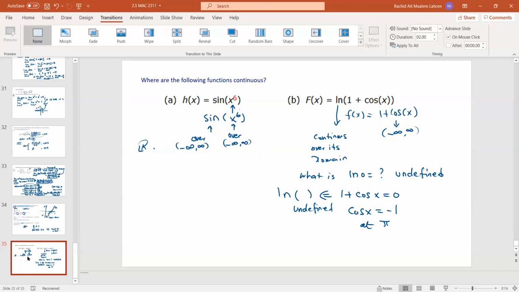Whether we're going positive pi or negative pi, and because it's periodic, if you add another 2 pi or subtract another 2 pi, the same thing happens.